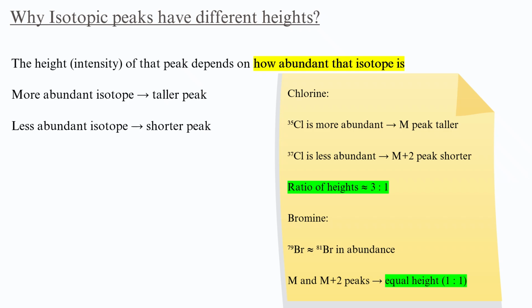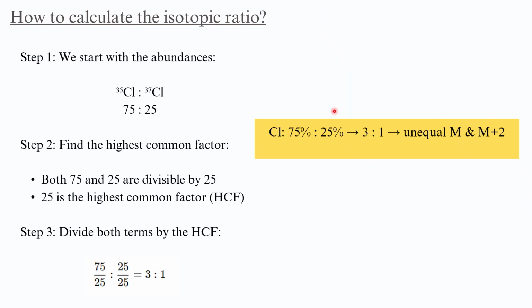Now let us understand how we get these height ratios. So let us understand how to calculate the isotopic ratio. It consists of three simple steps. First is to write their abundance. Firstly we will write it for chlorine. When we write chlorine, these are the two isotopes and this is their respective abundance. Now let us determine the highest common factor for 75 and 25.